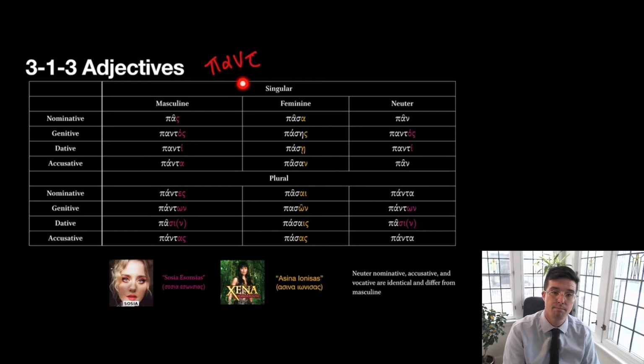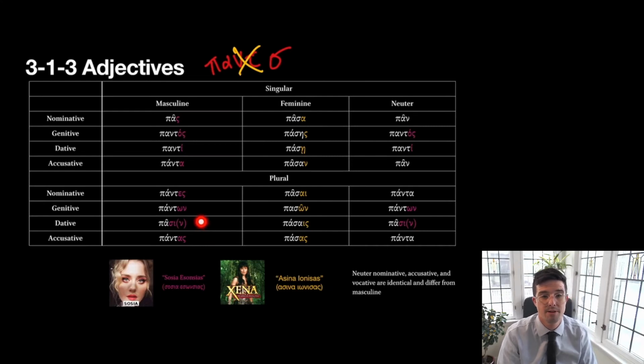When you add this sigma here, the nu and the tau really don't like to be next to a sigma, so they will just drop out and leave us with pās for the nominative singular and pāsin for the dative plural.